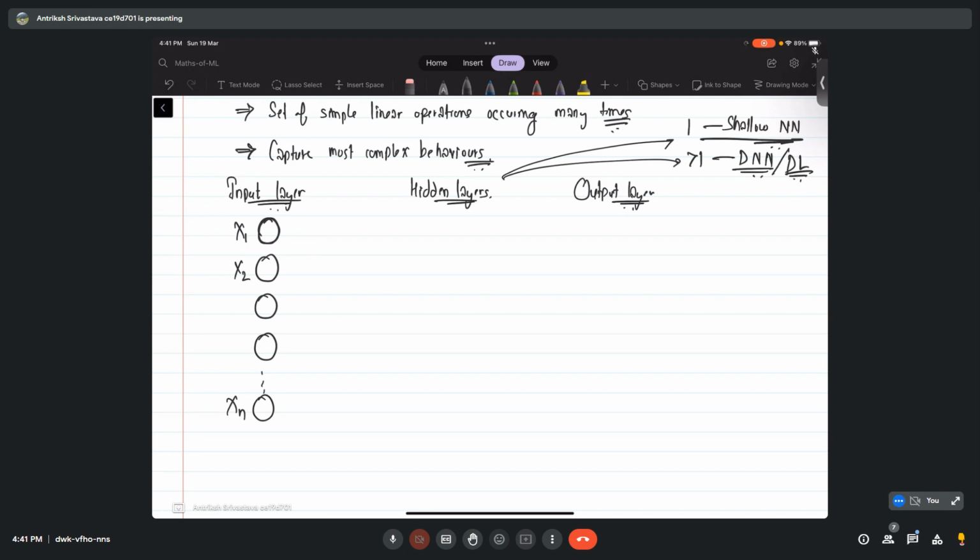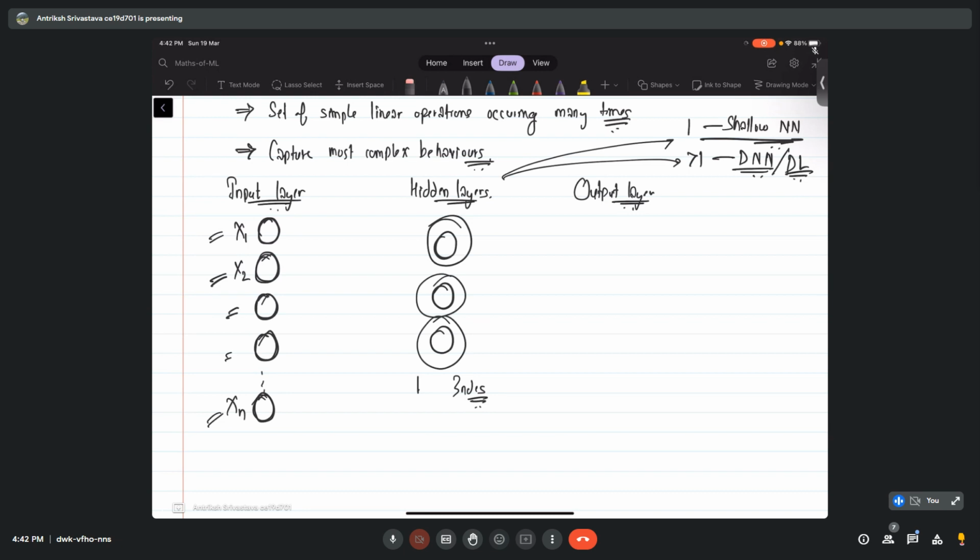All these nodes are going to influence all the nodes present in the hidden layer. Let's say we have only one hidden layer and it has three nodes.